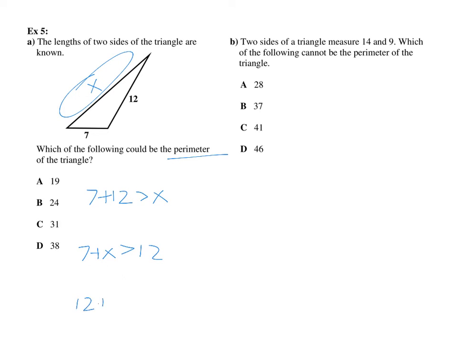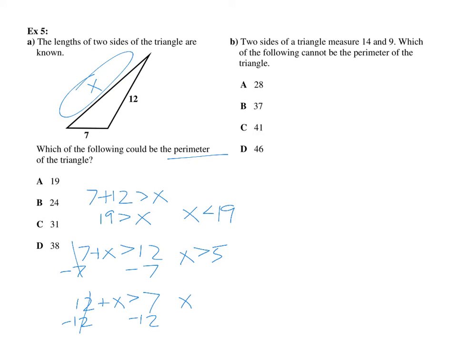I have 12 plus x is greater than 7. All right, so here I have 19 is greater than x, or x is less than 19. Here I subtract 7, and x is greater than 5. Subtract 12. All right, I don't have to use that because that's a negative value.